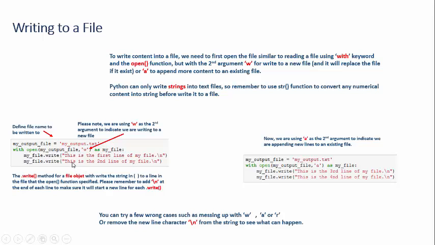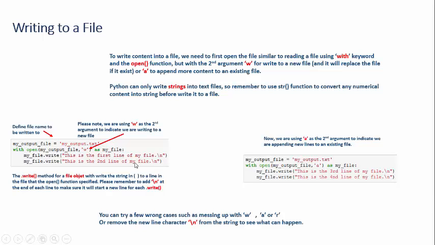It's going to write anything, it can be a variable, it can be a string, into the file. In this particular one, it is a string. And please remember to add in the \n at the end, which is going to start a new line. Otherwise, it's going to write to the same line.